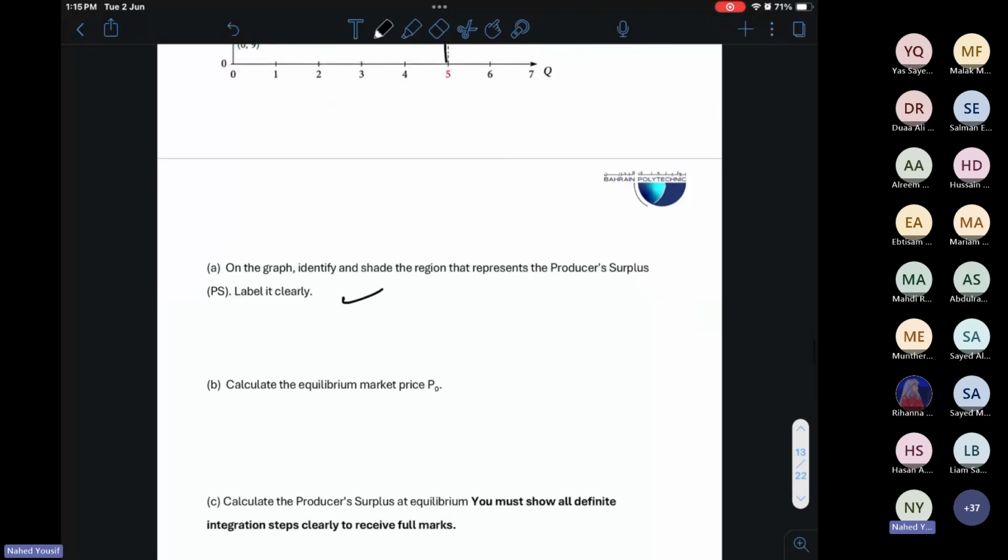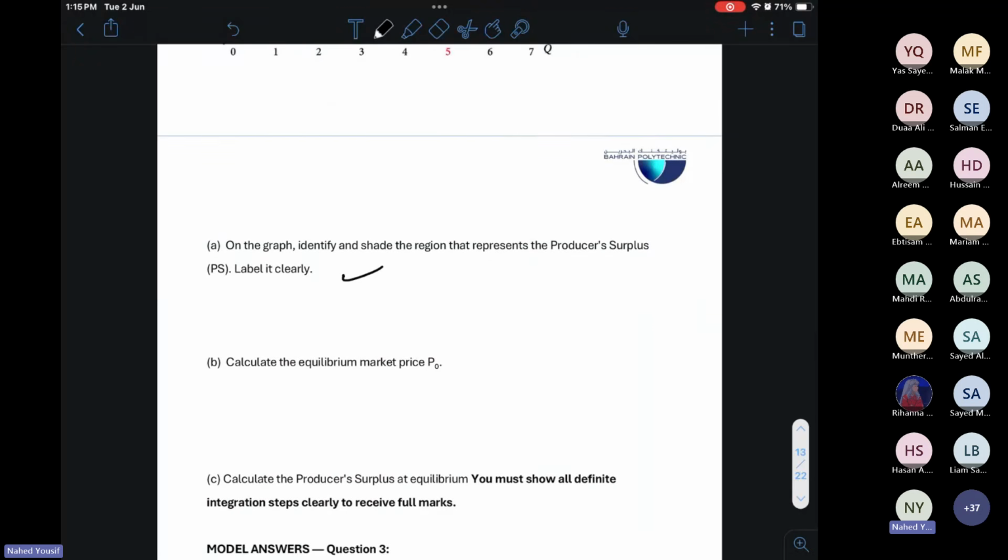Here we have the function in front of us. The function is Q squared plus 3Q plus 9. Q naught is just 5, so we have to substitute: 5 squared plus 3 times 5 plus 9, and we will get 49.